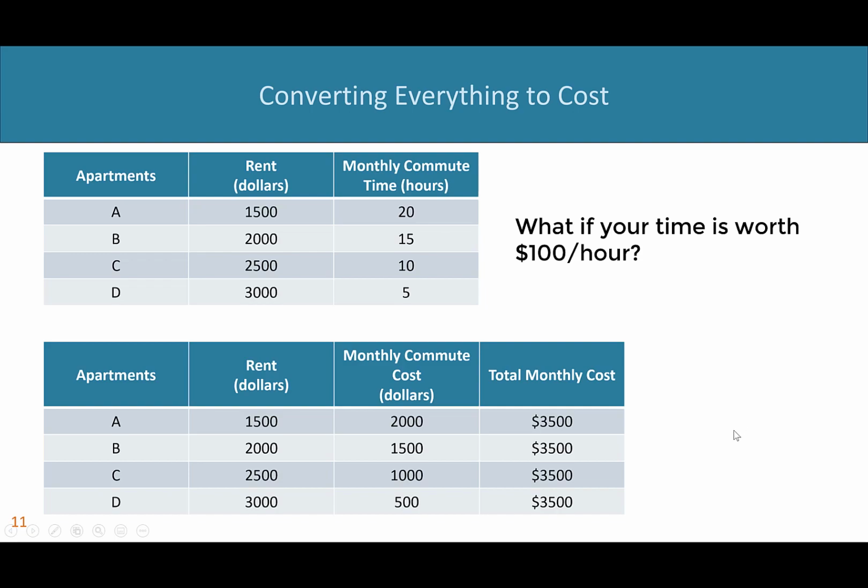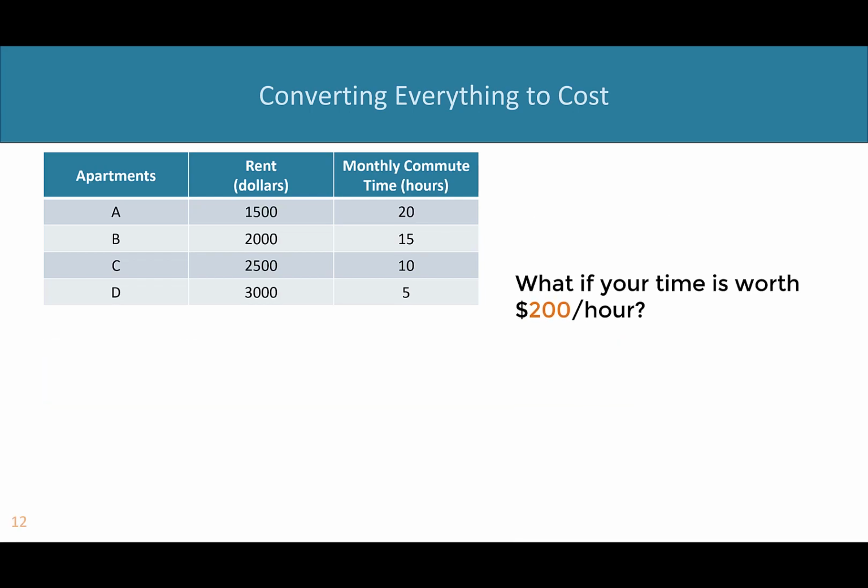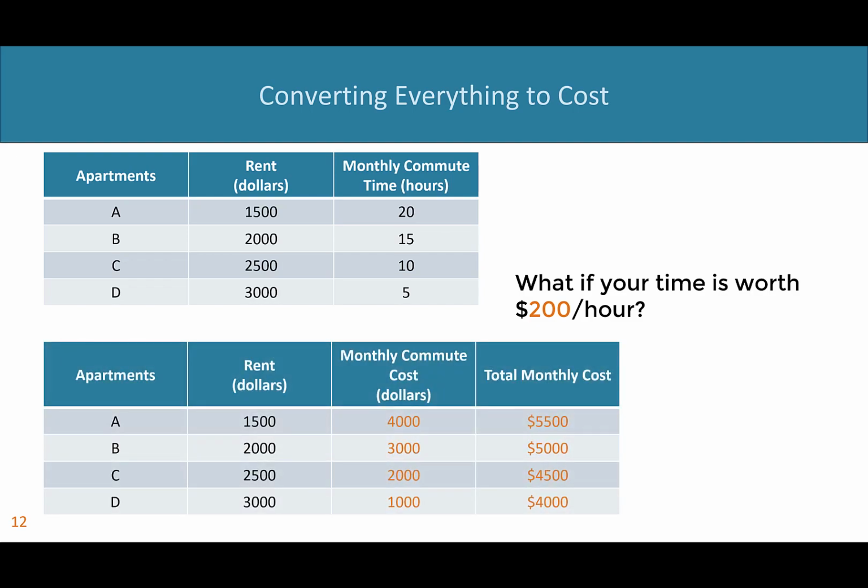All right, so what if your time is worth $200 an hour? How does that change your preferences for these four apartments? Well, we can just calculate a new dollar equivalent for each one of our monthly commute times. And now our 20 hours has become $4,000 because it's worth $200 an hour.